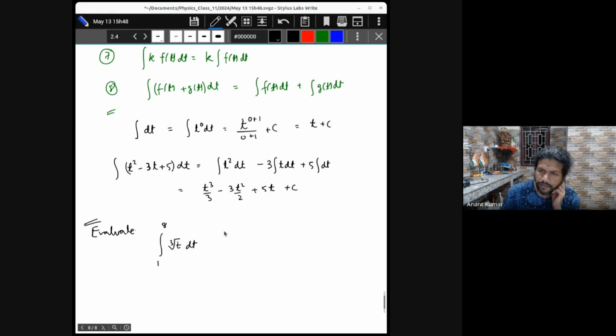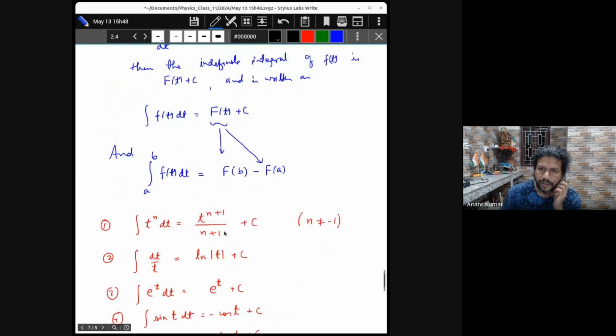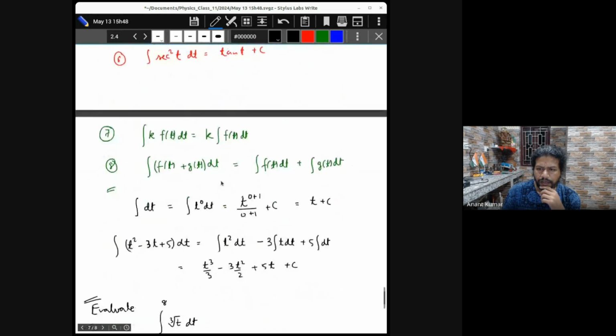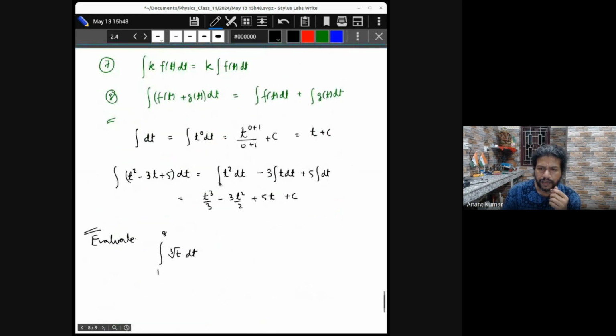The idea will be to first obtain the indefinite one. As I said, if we go back and look at this result, which incidentally is referred to as the fundamental theorem of integral calculus, I first obtain the indefinite integral, then use that antiderivative to compute the value at the upper and lower end. So in this case, the integrand is t raised power 1 by 3 dt.